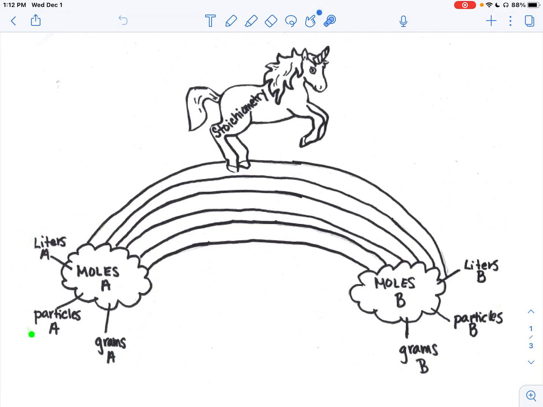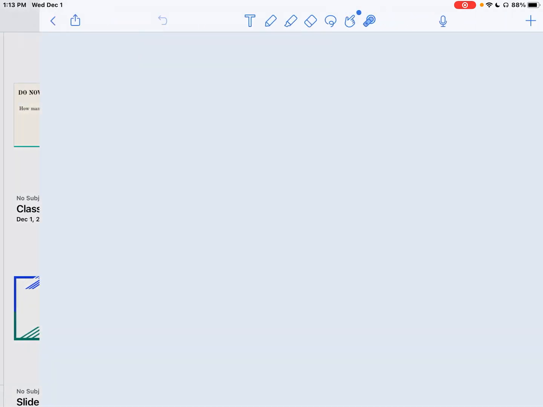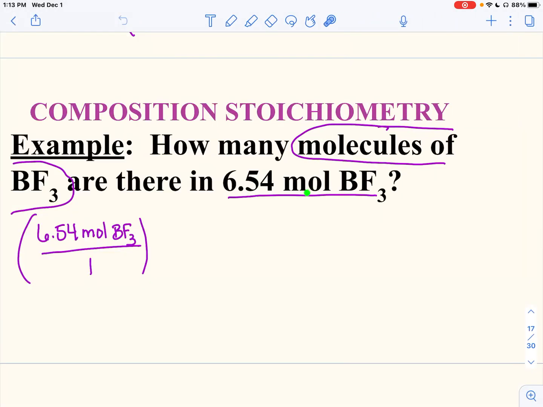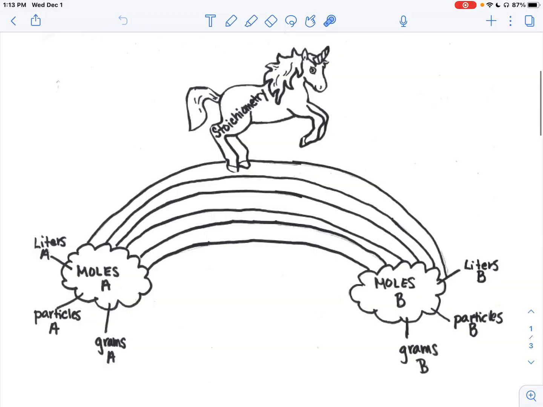Okay, so let's talk about how this works. Every unit gets a factor. So in our problem that we are at right now, we are going from moles to molecules, which you know is a particle. So from moles to molecules. Moles is right here. Particles is right here.